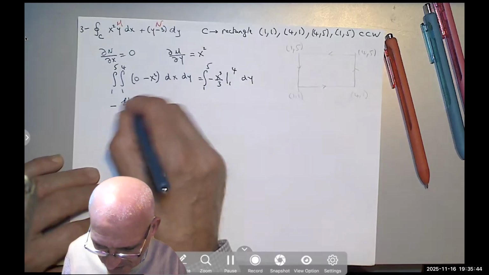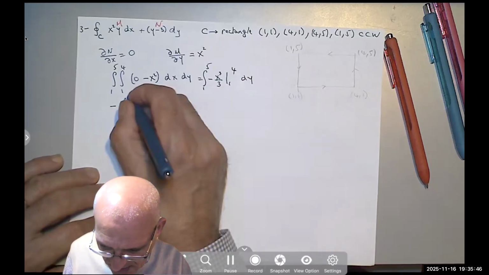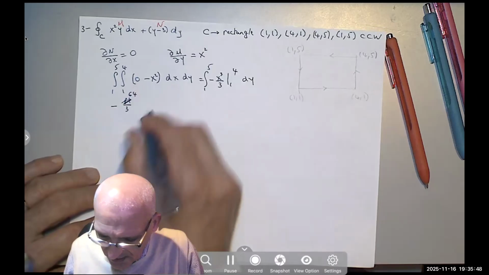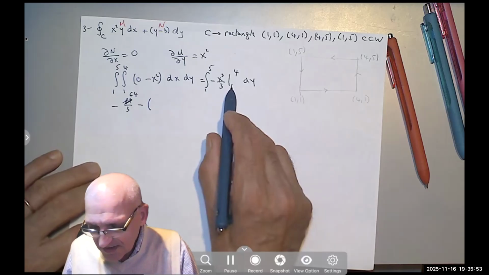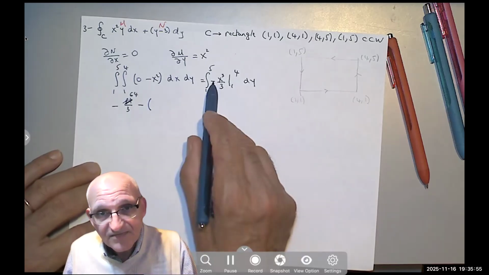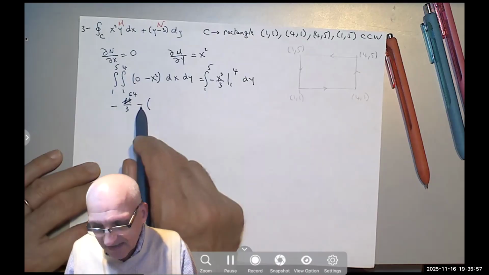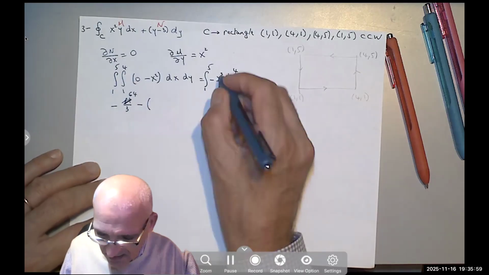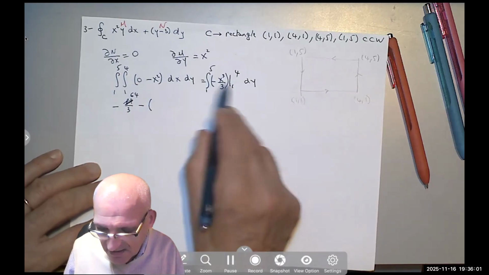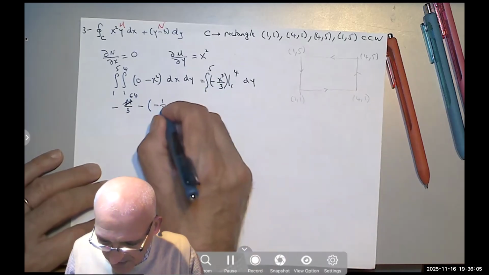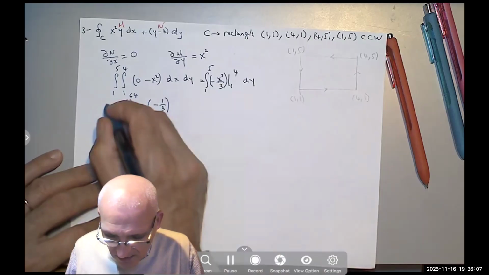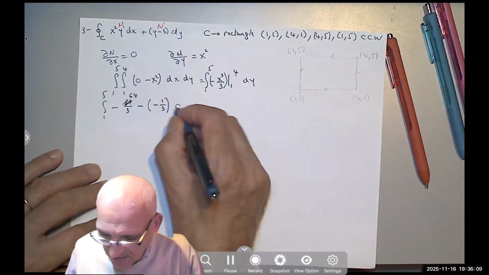So 4 to the 3rd power is 64 over 3, minus, and then when you take the integral with respect to 1, there is another negative sign. Notice it's this minus that, but this thing is 1 cubed over 3 times 1, so negative 1/3.